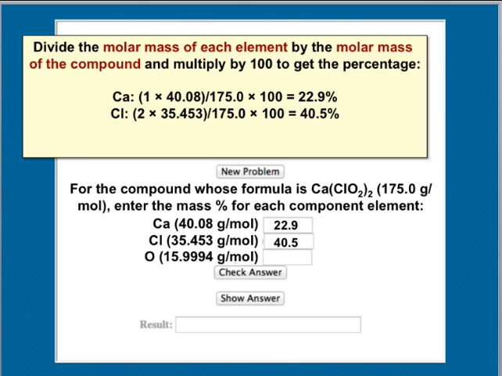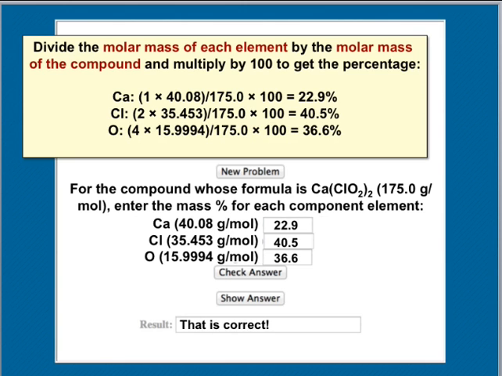We have 1, 2, 3, 4 oxygens at 16. So 16 times 4 divided by this, we're at 36.6. Once you work this twice, again, you will earn your 5 points towards the exam.